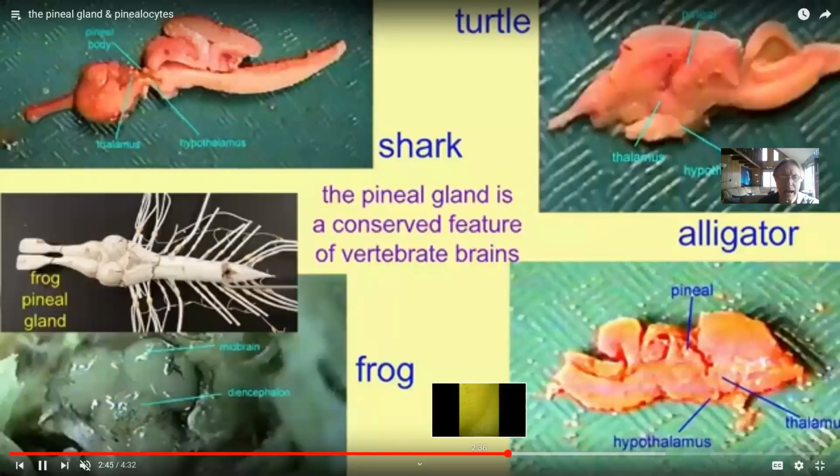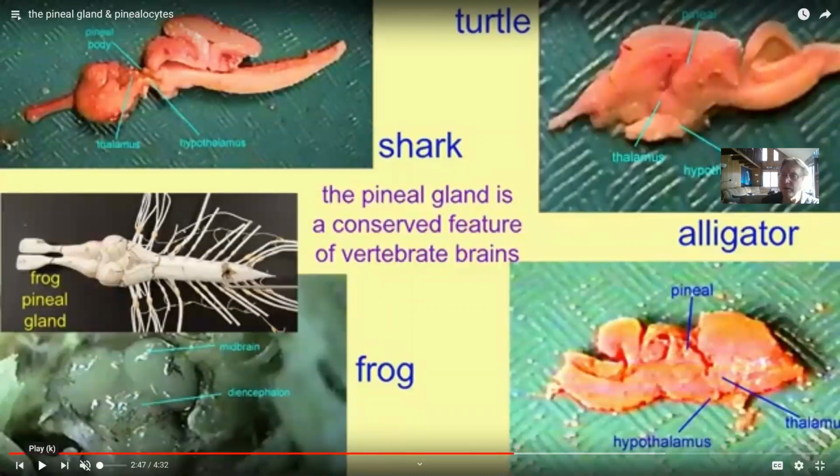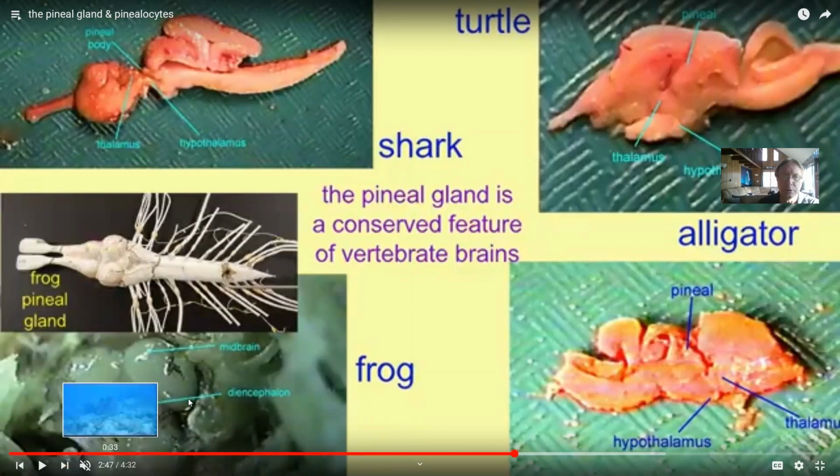In some of these images of the pineal gland, you'll see some black lines. Those are blood vessels. And so the pineal gland is rich in blood vessels. So melatonin is being produced. This is not new. All right.